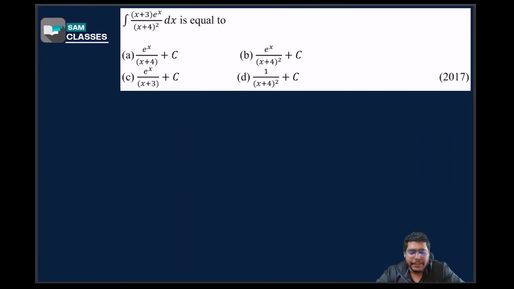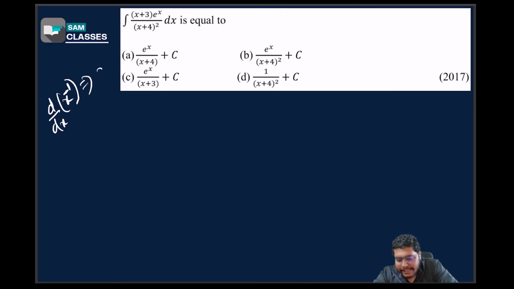Now, this question, if I remember one concept, I'll be able to solve without touching the pen. What is that concept, sir? If I differentiate anything with a negative power, let's say minus 1, the power gets increased to minus 2. That's it, done. If I differentiate anything with negative power, the power gets increased, correct? Yes or no?